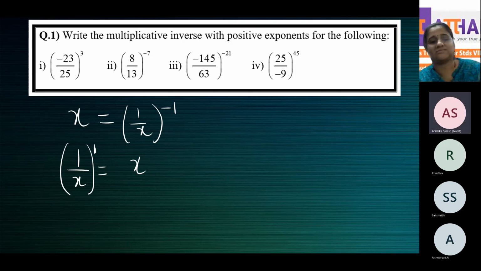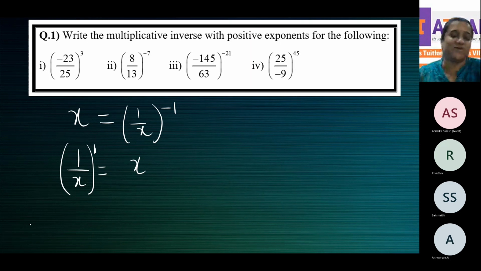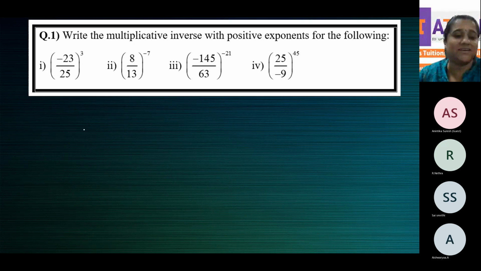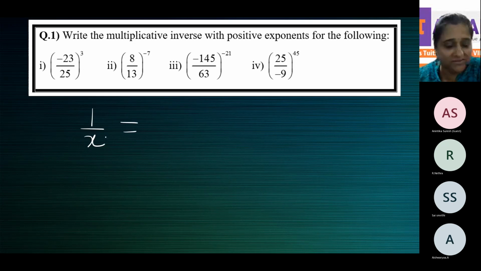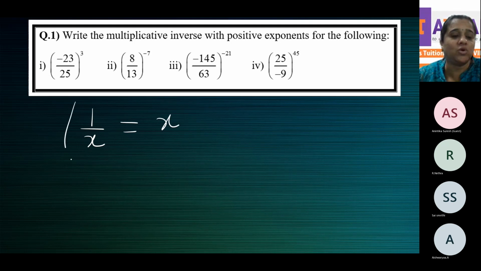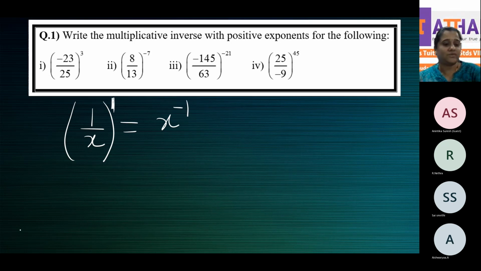I accidentally saw the one above it. Okay. Fine. Let me clear it then. So we are talking about 1 by x. The other way of writing 1 by x is reciprocal of the base, negative of the power. You don't see any power, but the power is 1. So negative of the power.